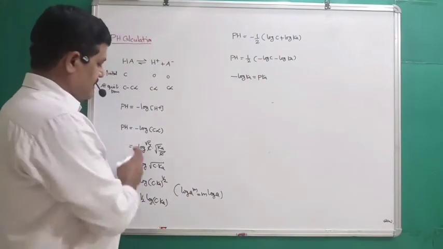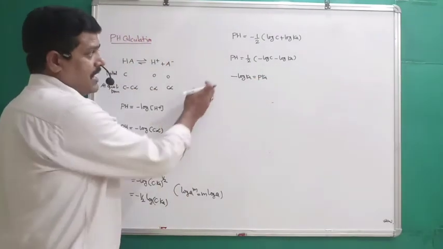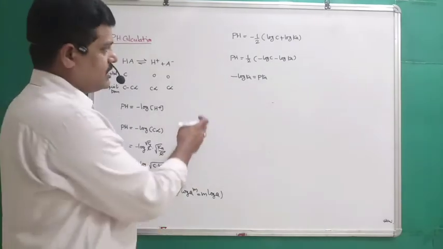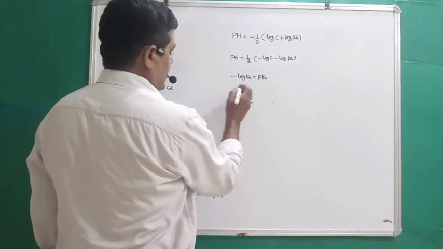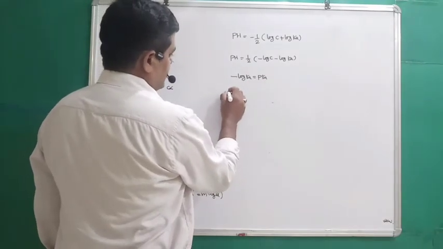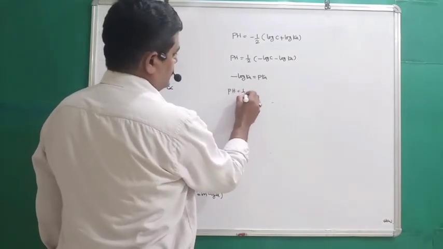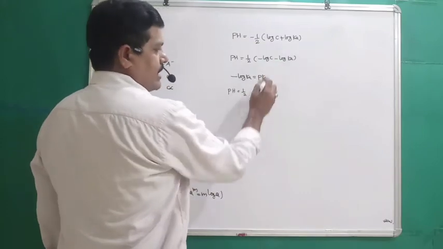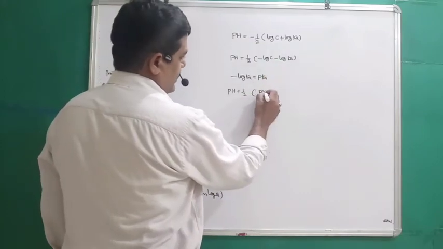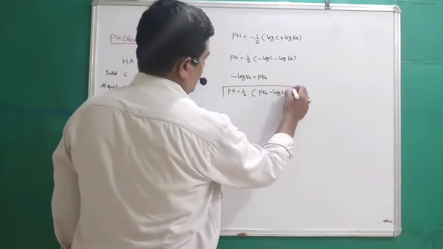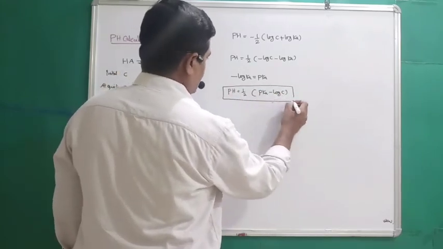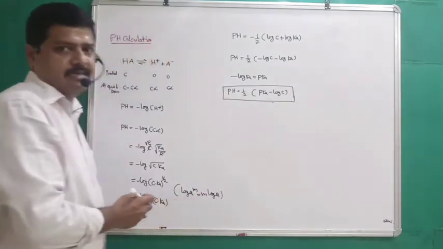Minus log H plus is equal to pH, minus log OH minus is equal to pOH, similarly minus log Ka is equal to pKa. So pH is equal to half into pKa minus log C. This is the formula used for calculating the pH of a weak acid, right?